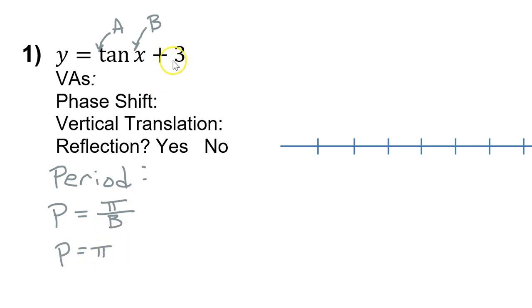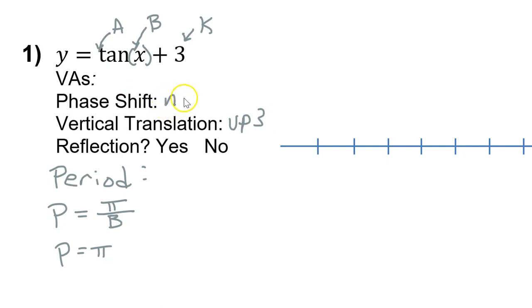Notice that this 3 is not a phase shift. It is not in parentheses, so this 3 is outside of the function. This is going to be a vertical translation. This is a k value, so a vertical translation of up 3.